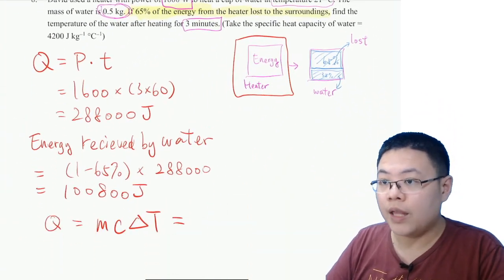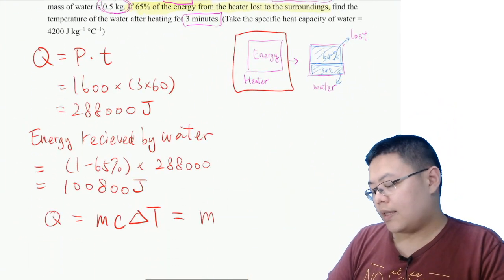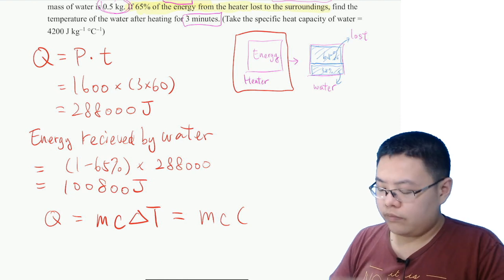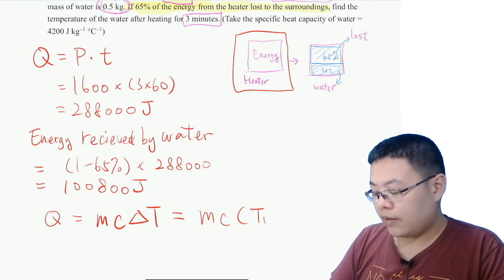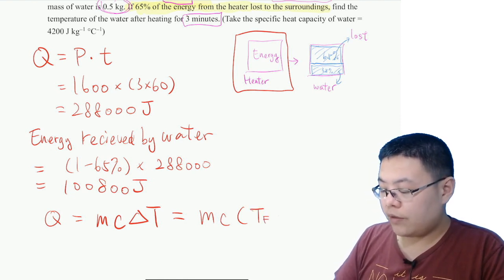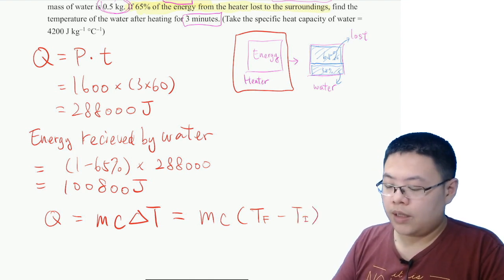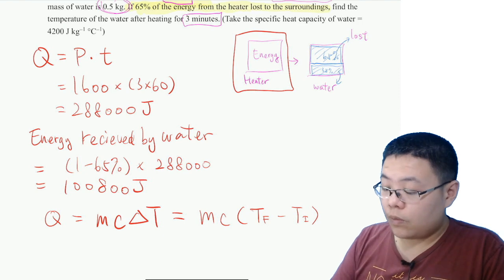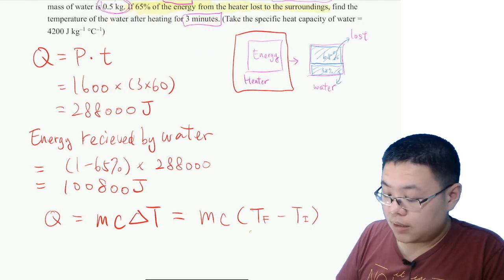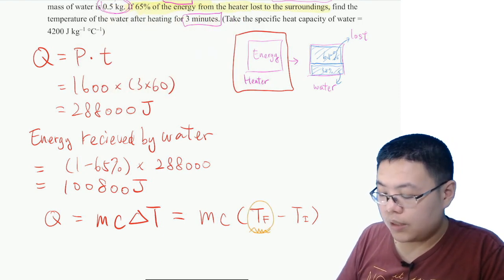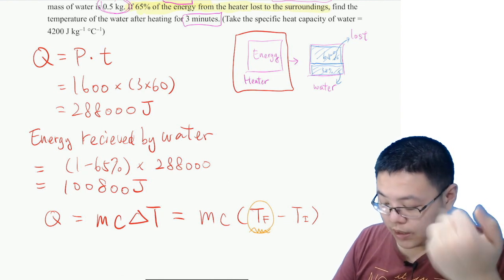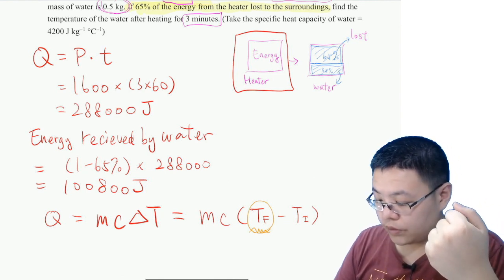This is already given. So let me slightly change the formula because delta T is temperature final minus temperature initial, right? And then what we want to calculate is actually this part only, and other things we can plug in.